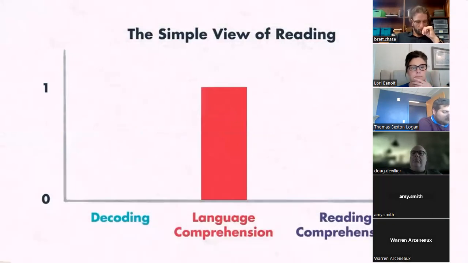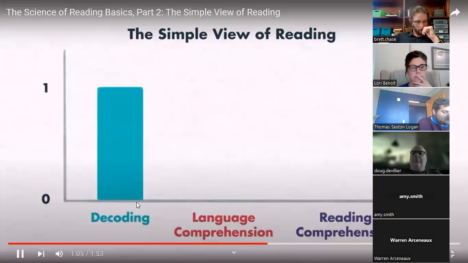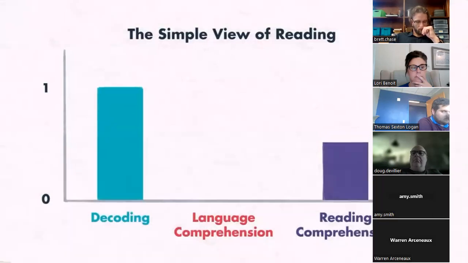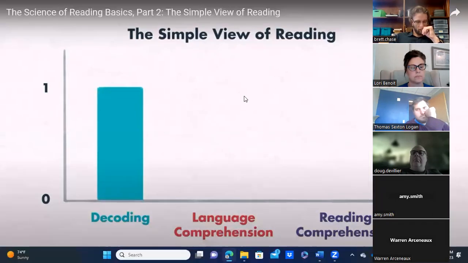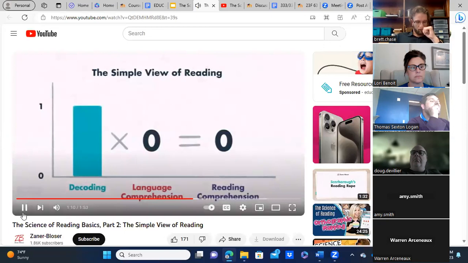Conversely, if language comprehension is weak but decoding is strong, reading comprehension still suffers. 1 times 0 is 0.